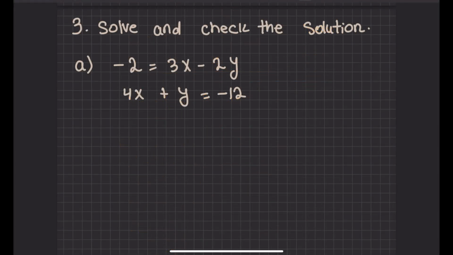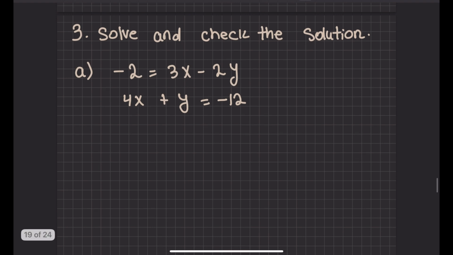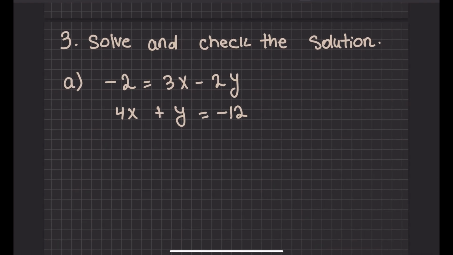It says solve and check the solution. So same thing, it just tells you to use an elimination method, but it doesn't tell you to use addition or subtraction. So the first thing that you can realize in this equation is, let me just write down first and second equation to define my equation. So you can see here the numbers on the left side and your variables on the right side.